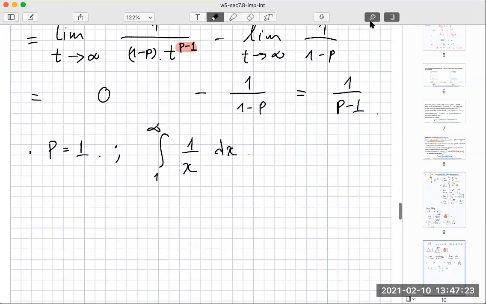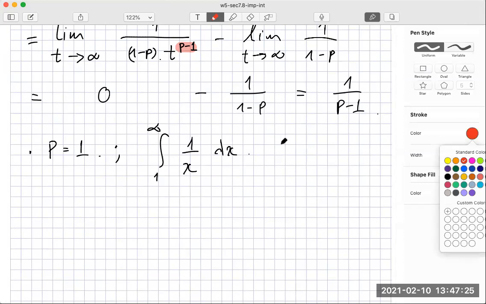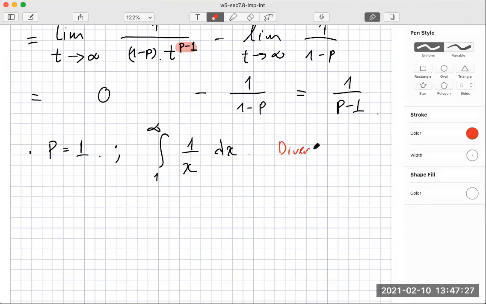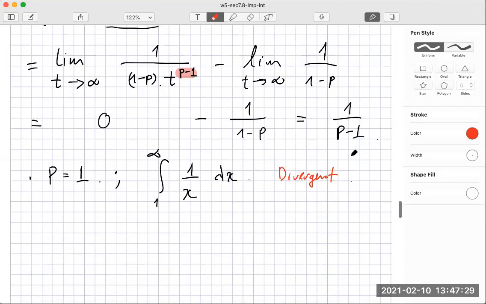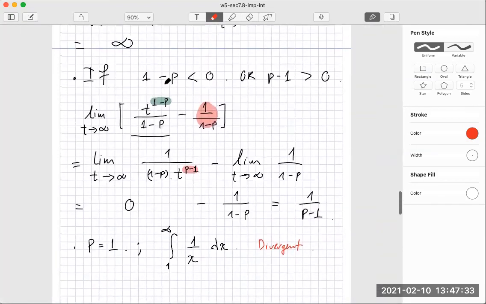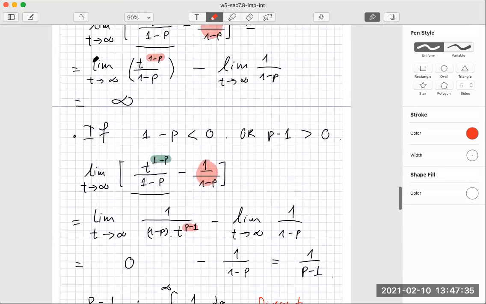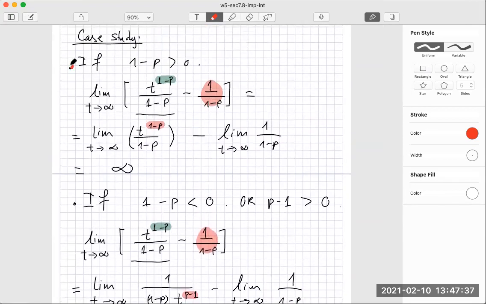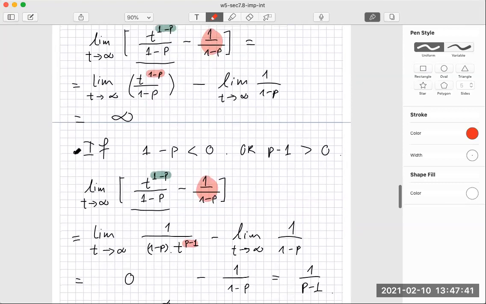And remember, it is divergent, right? So we study all these three cases: 1 minus p larger than 0, 1 minus p smaller than 0. In this case, it is divergent, right?